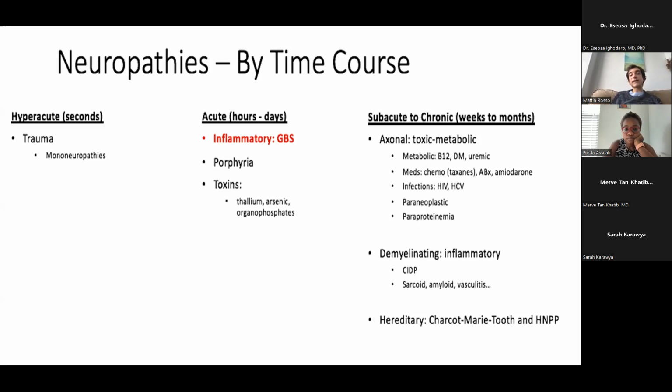They can present either with a pretty symmetric polyneuropathy or even more commonly with a mononeuropathy multiplex, where multiple nerves are picked at random, as we were saying earlier. Then sarcoidosis, amyloidosis are also demyelinating. And then we talked about our hereditary causes already.